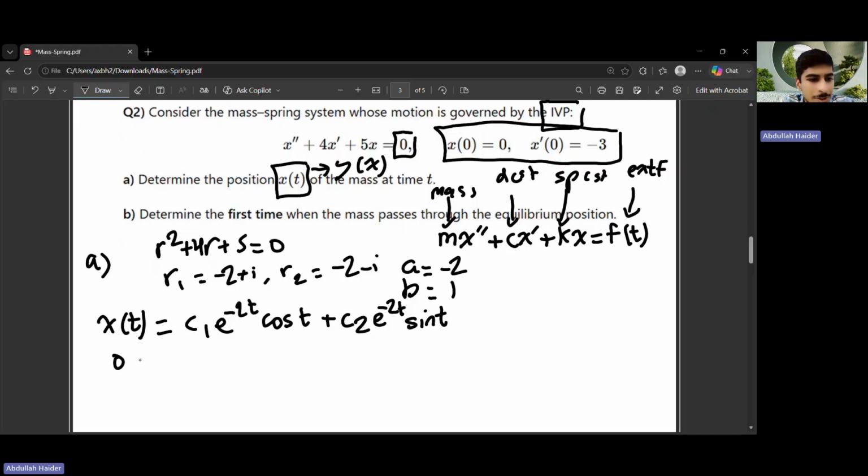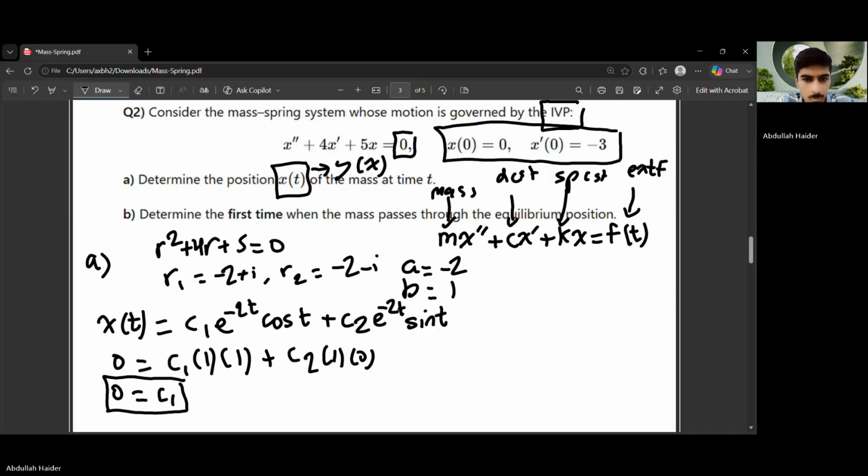So if you substitute 0 here and 0 everywhere else, C1 times 1, since cosine 0 is 1, plus C2 times 1 times sine 0, which is 0. So 0 is equal to C1. This is your C1, 0.